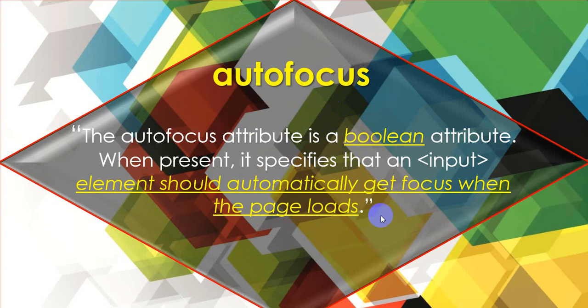See the bolded text in yellow color: the element should automatically get focus when the page loads. If you use the autofocus attribute, the text box element, meaning the HTML element, should automatically get focus when the page loads. Back to your code.